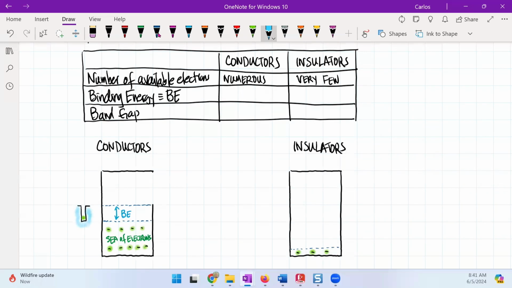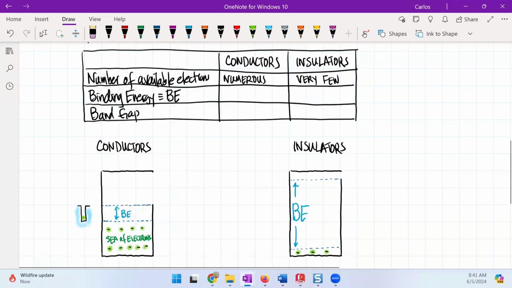Now, if I do the same thing over here, what I'm going to find is that this guy has a small opening at the top. So when I look at this guy, here we see that there's a large distance, which tells me I have a large binding energy to get those electrons out. So now if I look at my well here, my well then goes all the way down to here.